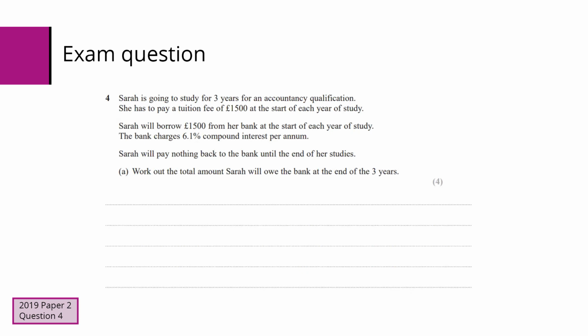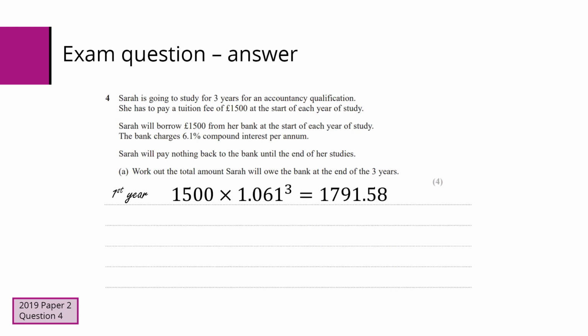So think about how to answer this. I think it's useful to consider each year at a time. So in the first year, Sarah is going to borrow £1,500 and she's going to have that borrowed for 3 years. It's going to have an interest rate of 6.1%, so 1.061 to the power of 3, because she's borrowing that money for 3 years.